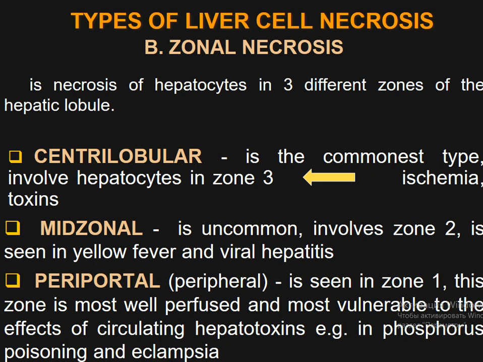The other subtype of zonal necrosis is periportal or peripheral necrosis. It is seen in zone 1, involving the parenchyma closest to the arterial and portal blood supply. Since zone 1 is most well perfused, it's most vulnerable to the effect of circulating hepatotoxins, for example in case of poisoning or eclampsia.